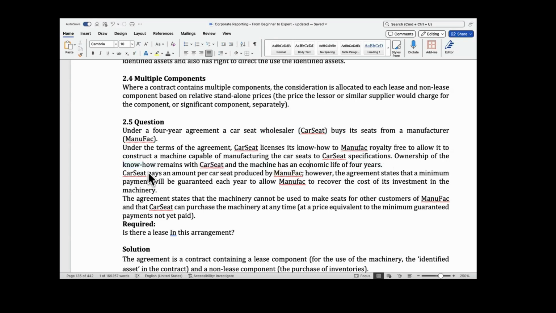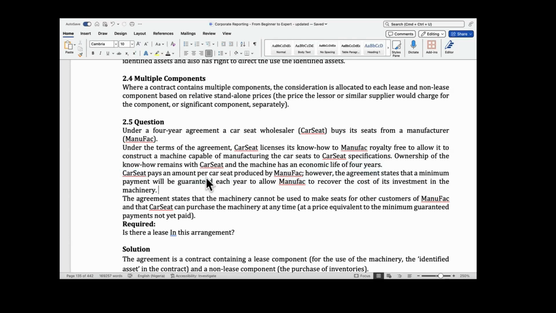And now we are told that Car Seat pays an amount per car seat produced by the manufacturer. Okay. That's maybe the purchase price. However, the agreement states that a minimum payment will be guaranteed each year to allow the manufacturer to recover the cost of his investment in the machinery.